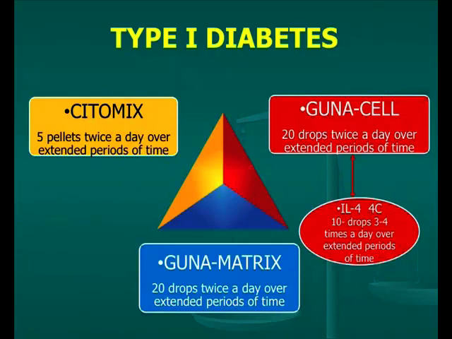Therefore, when there is this suspicion, especially in a predisposed subject, we see that type 1 diabetes does not occur in all, but primarily in those who are predisposed to the diabetic pathology. In cases in which a viral infection is suspected, it is always better to use Cytomix to prevent possible progression.